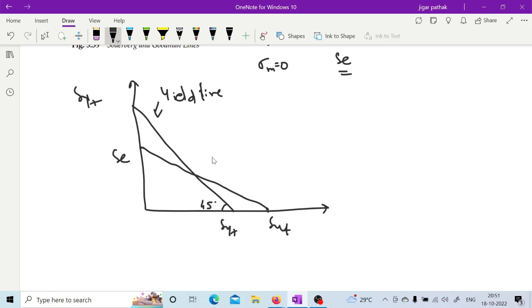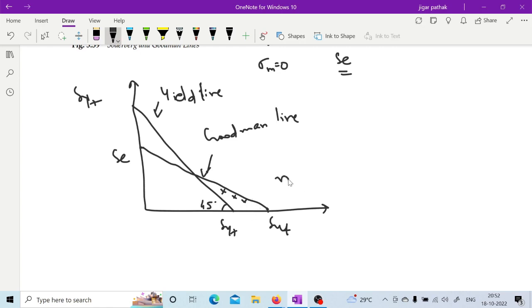Now the point is, if any component is crossing this yield line and lying in this region, then according to the Goodman line, it is in the safe region, right, because it is below the Goodman line, but it has already crossed the yield line, so plastic deformation has started, and it cannot be considered a safe point.